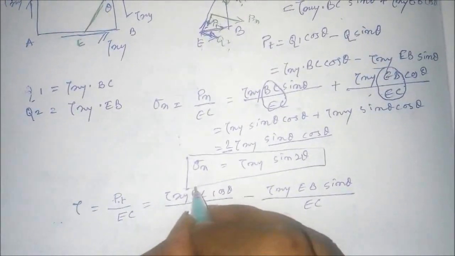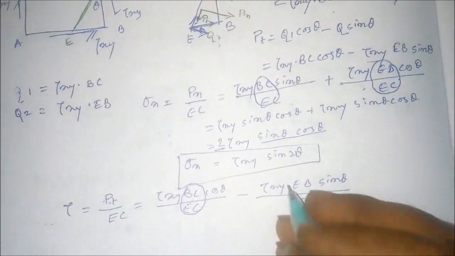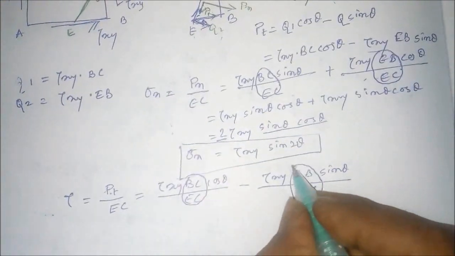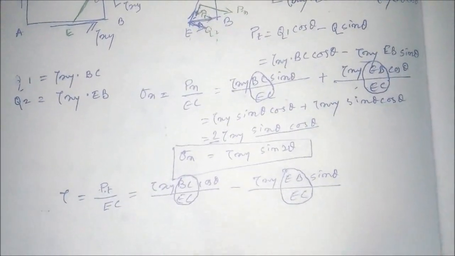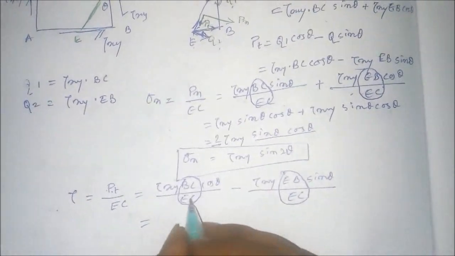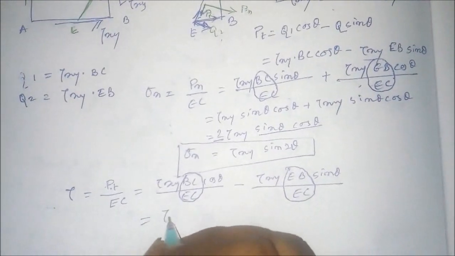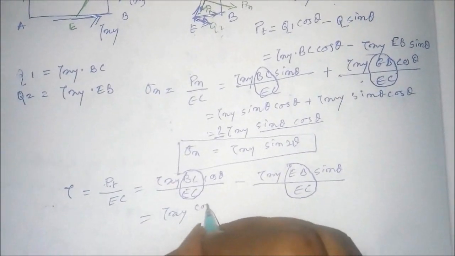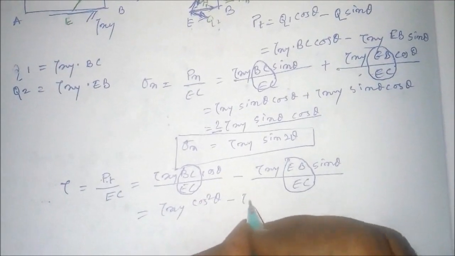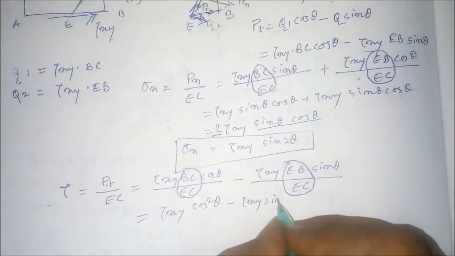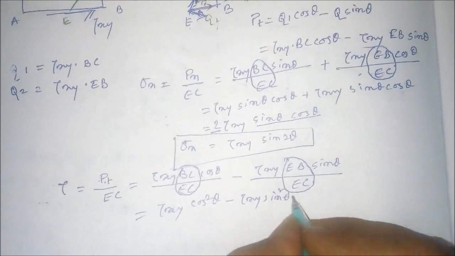Now again we are getting two terms, that is BC by EC and EB by EC. Already we have discussed that this value is cos theta and this value is sin theta. So we are getting tau xy cos square theta minus tau xy sin square theta.